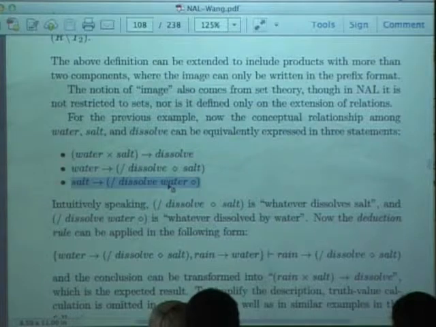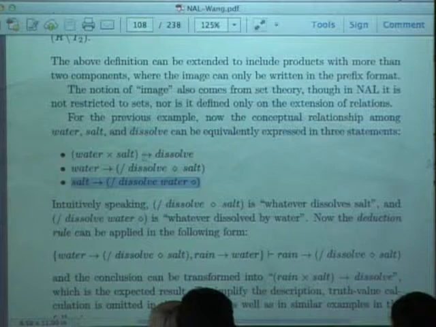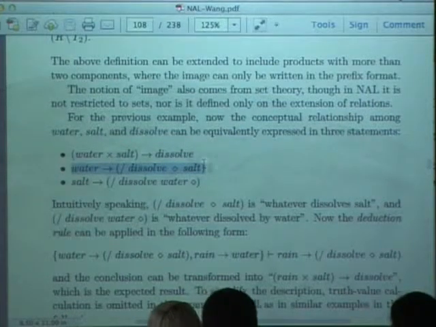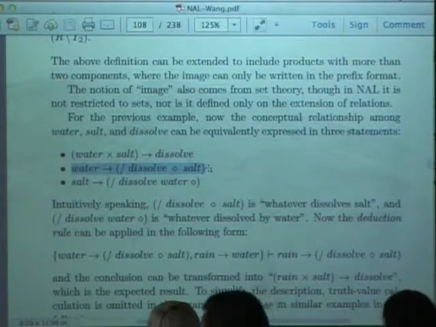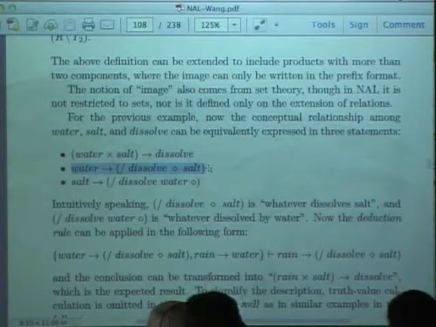The good thing is that as soon as you allow that, you don't need to do anything about the inference rule anymore. I rewrite this into this format, and this format will naturally be used, as rain being a type of water, to derive that rain dissolves salt.